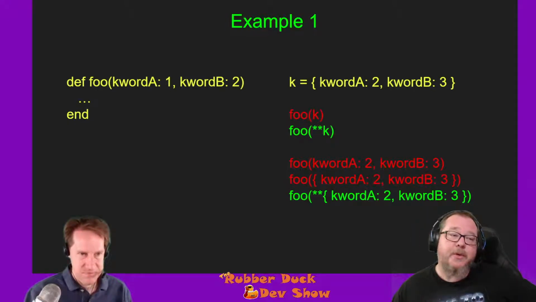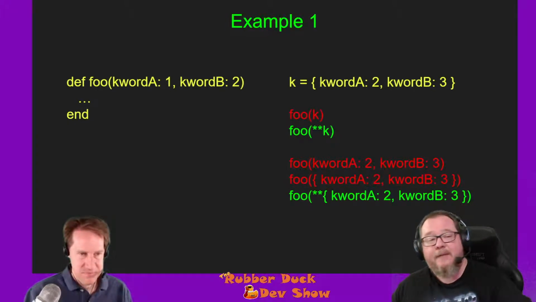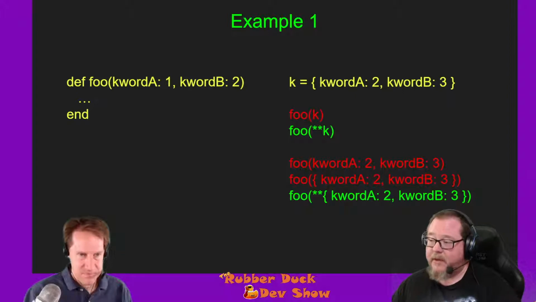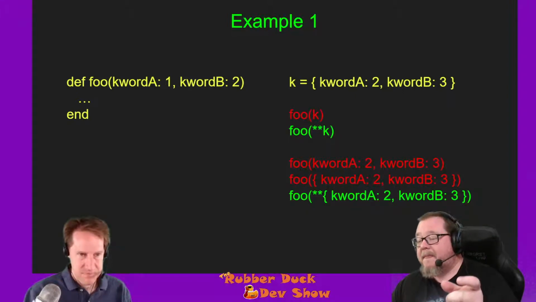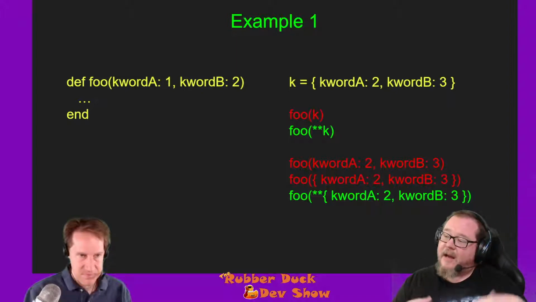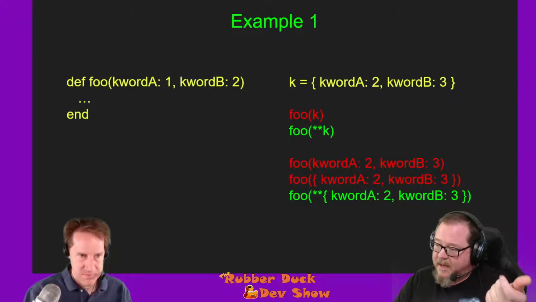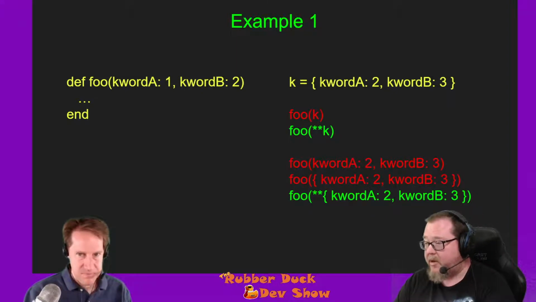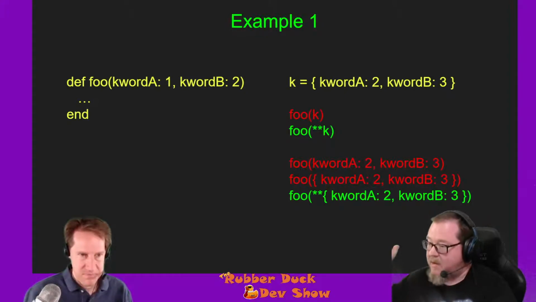Now, the reason they're doing that is because if I were to define foo with a regular parameter, not keyword arguments, but just a regular parameter, and then some keyword arguments, it needs to know where to split that off. It used to be that I could define my positional parameters, and then my last parameter could just be keywords, whatever keywords I wanted.